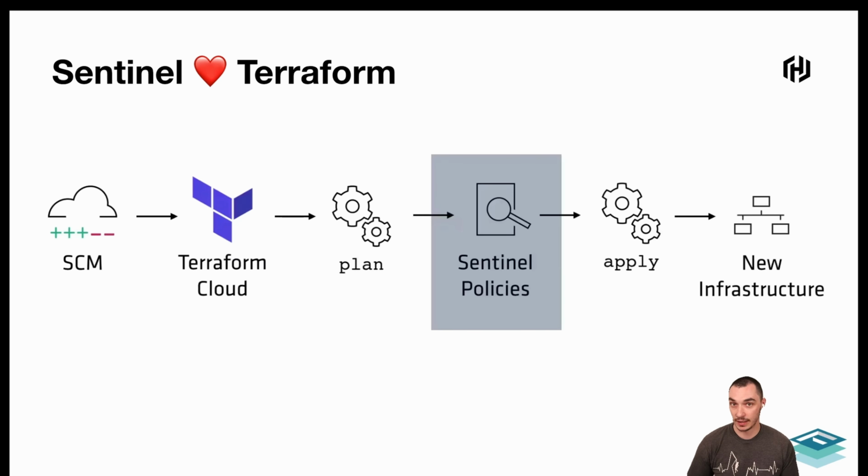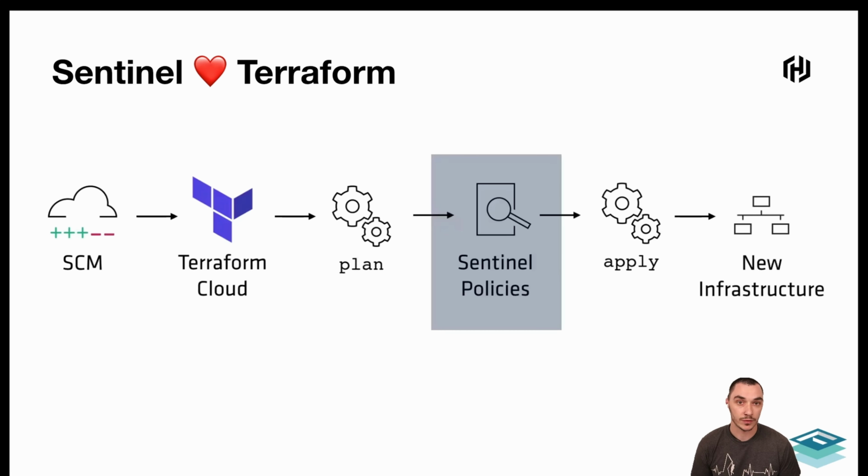Terraform Cloud would then run the plan and create the plan JSON. This is then where Sentinel kicks in. Sentinel can check the plan, the state, the configuration, and the run information. If the result of the plan is compliant with the policies formulated in Sentinel, we can head on to the apply step.